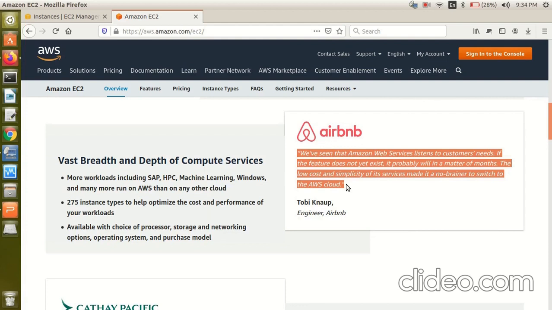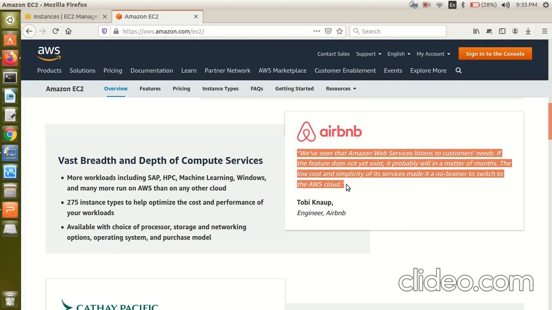So according to this testimonial, what they want to say is that there is good customer support provided by AWS, and that it's a very easy procedure to switch to the cloud services provided by AWS.